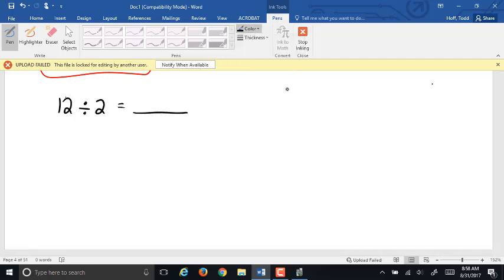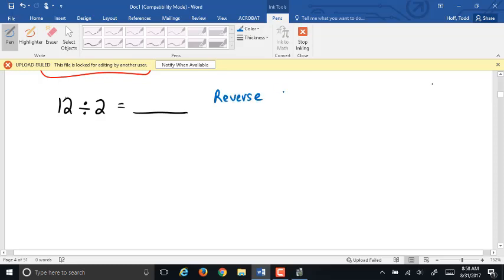When we are asked a problem like 12 divided by 2, what it is asking us to do is to reverse the multiplication of blank times 2 equals 12. 6.